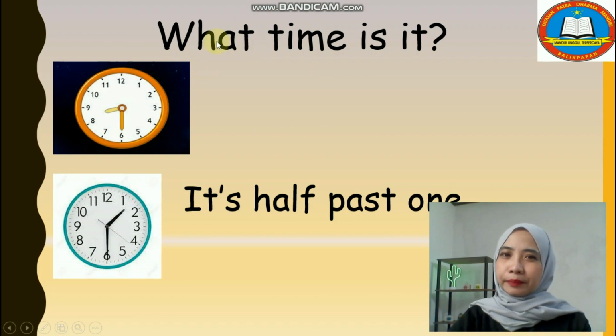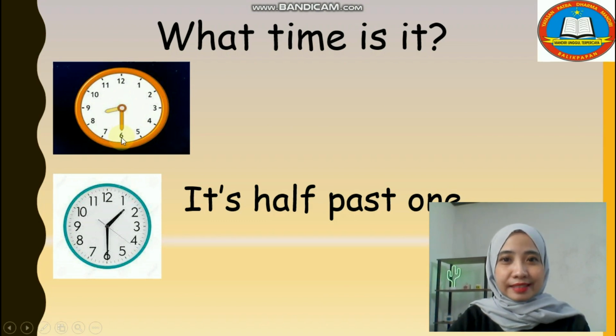Look at the first example. What time is it? Because the big hand is at 6, so it's a half, very good. And because the small hand is between 8 and 9, so we should mention the number before the small hand.